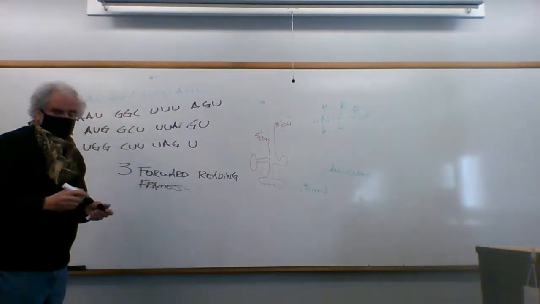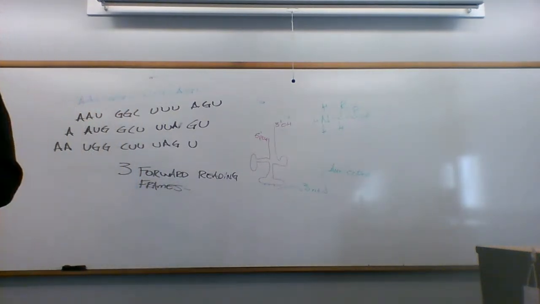And were we to use a codon lookup chart, we could figure out what the amino acids are going to be. And what I'll tell you is, if you are looking at the amino acid sequence in the next reading frame, they will be completely different. In the third reading frame, again, completely different. So the amino acid sequence that you generate is critically dependent on the reading frame.